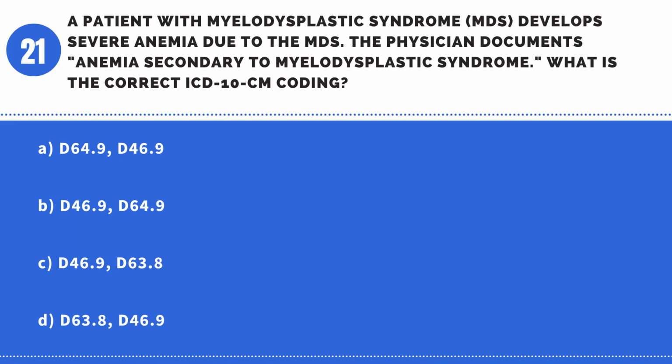Question 21. A patient with myelodysplastic syndrome, MDS, develops severe anemia due to the MDS. The physician documents anemia secondary to myelodysplastic syndrome. What is the correct ICD-10-CM coding?